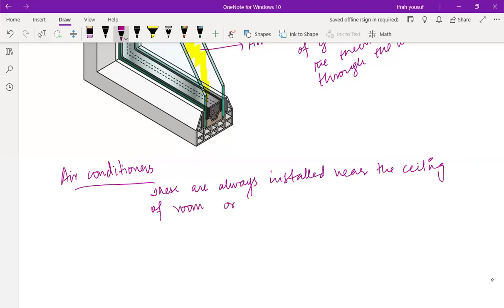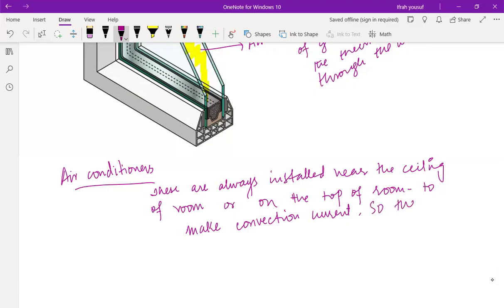Or on the top of the room, so as to make convection currents, right?